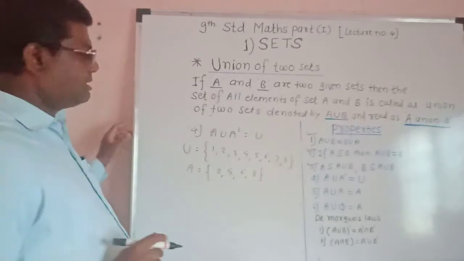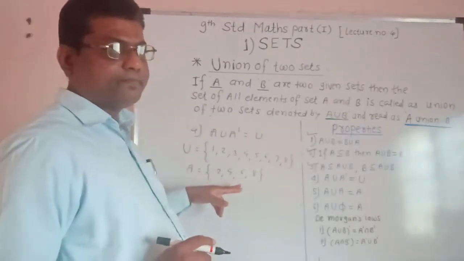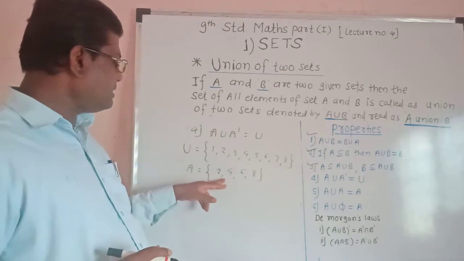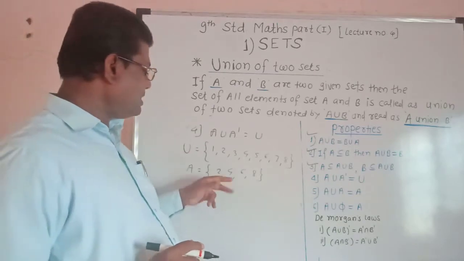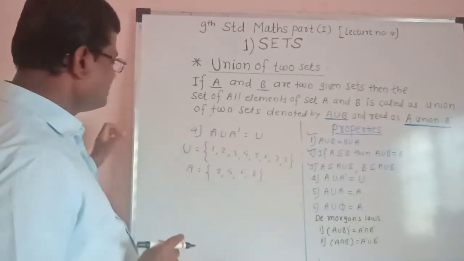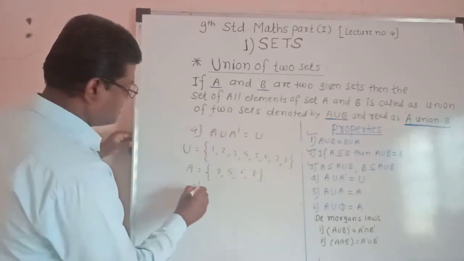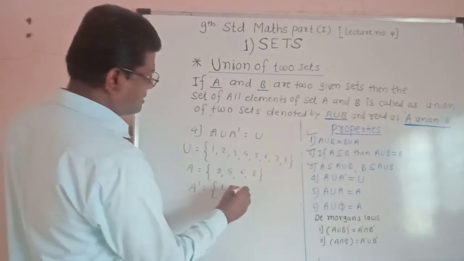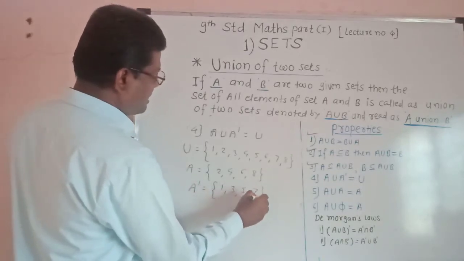Then what will be A dash here? A dash is the complement of set A. That is the set of elements which are not in A but in U. And A dash is equal to the set of elements 1, 3, 5 and 7.